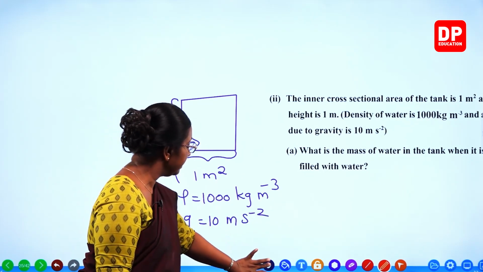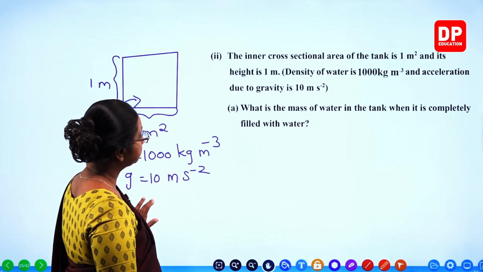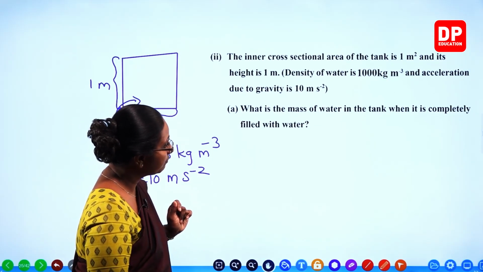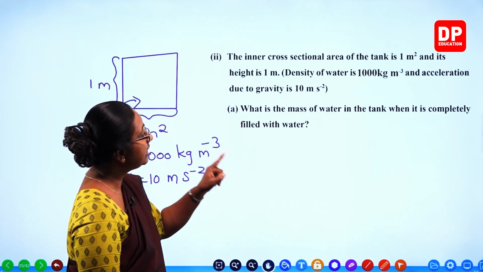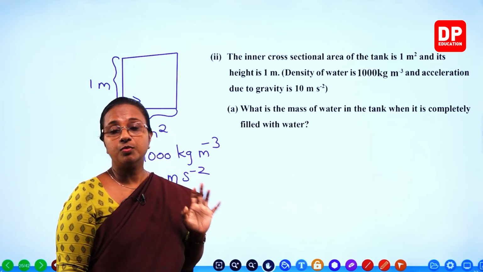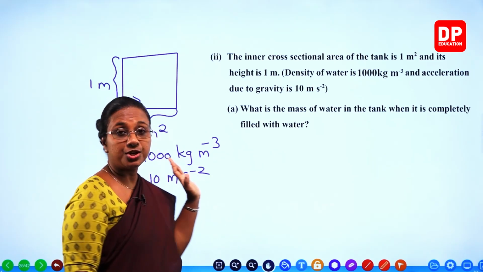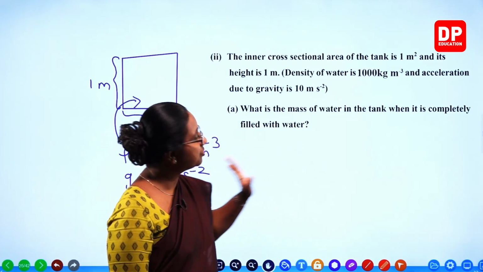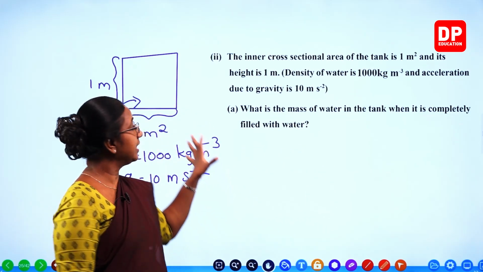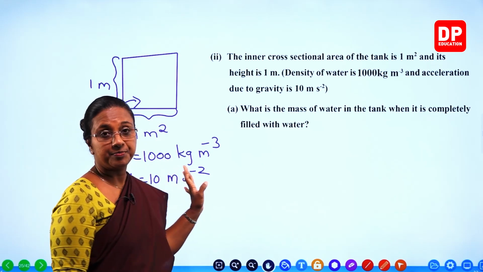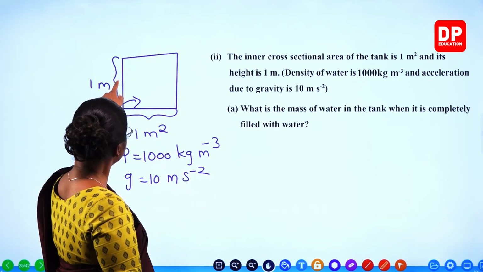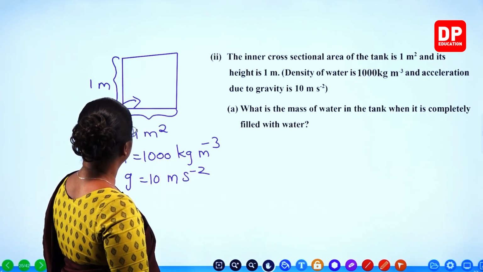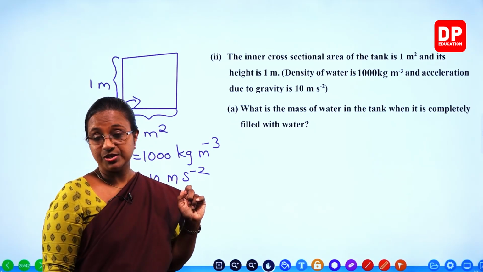Then, what is the mass of water in the tank when it is completely filled with water? So, what is the equation for mass? Here we need to find the mass of water that is contained in this tank. They have given us the dimensions, the height and the cross-sectional area.